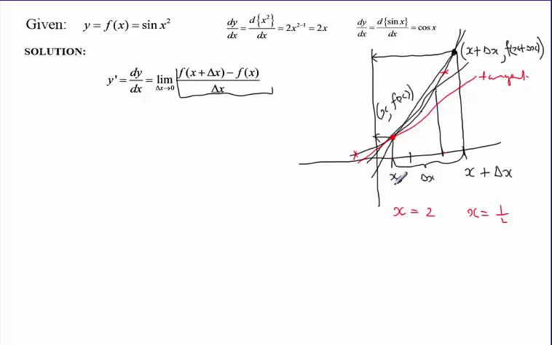But if I choose just x, and I don't assign a particular value to x, then I'll call that a generic point. Now it's a general point. If I do that and I do this, I'm going to get a function here. A function. And that function is what I'm going to call f prime of x.